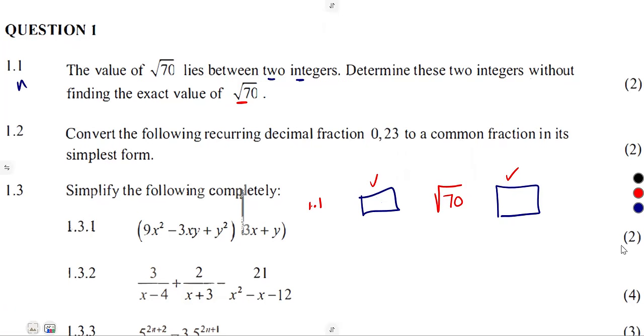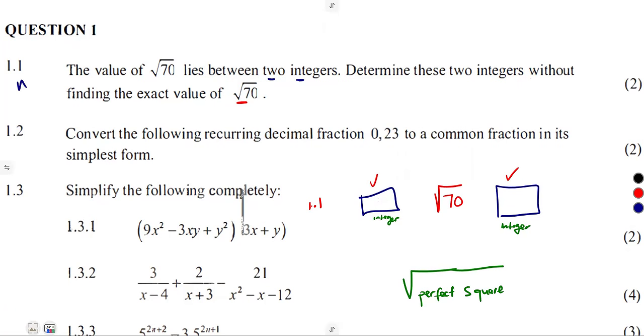For these two to be integers, because this one is supposed to be an integer, it means we are talking about the square root of perfect squares. It's supposed to be a perfect square that you're given there under the square root.